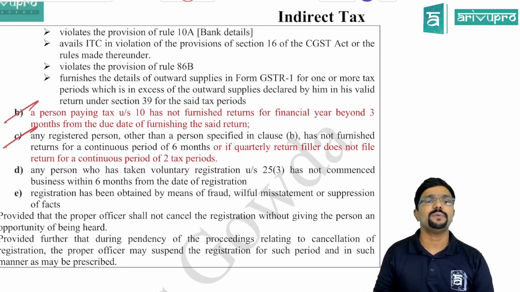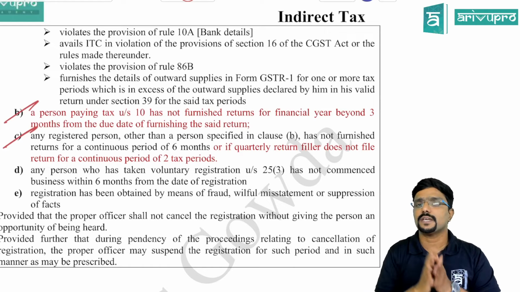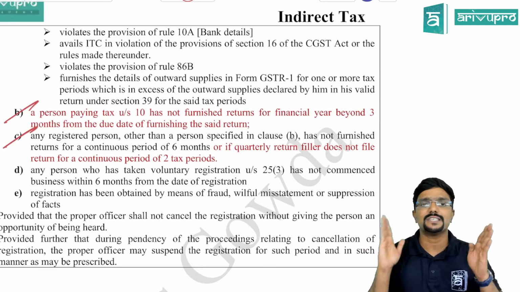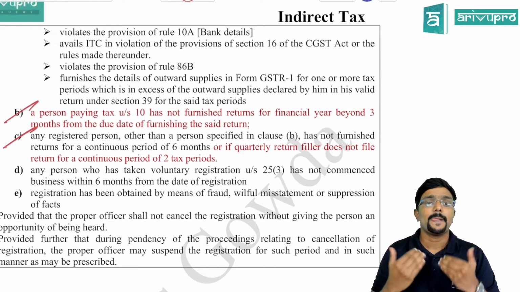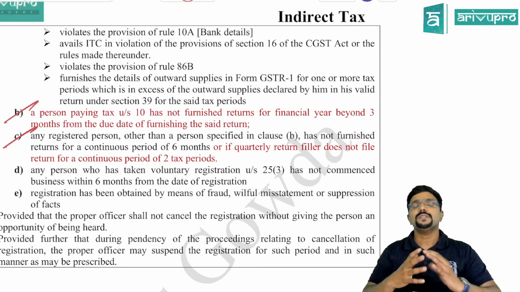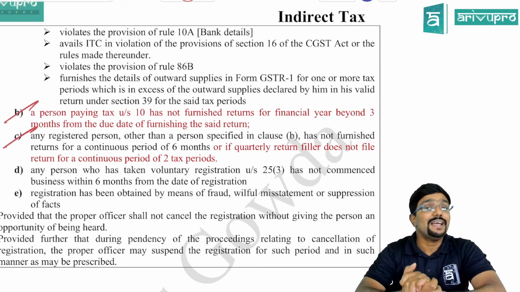So with respect to B point, a person who is paying tax under section 10, that is composition scheme, both the composition scheme, guys, 10(1) as well as 10(2)(a), has not furnished returns for a financial year beyond 3 months from the due date of furnishing the said return. So the composition suppliers have to pay tax quarterly and file payment statement quarterly, but they will file annual return. There are two annual returns for them.